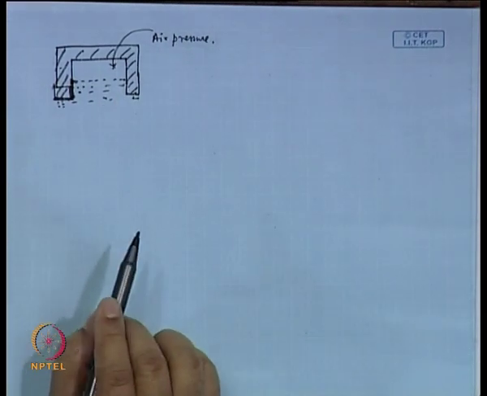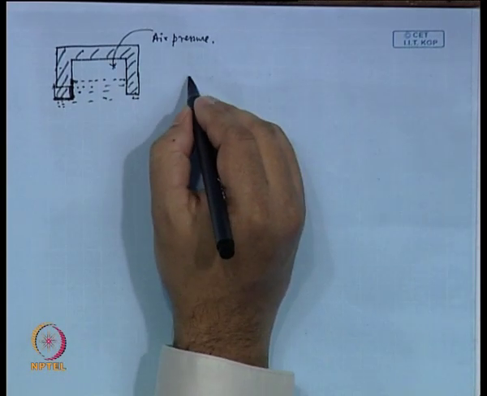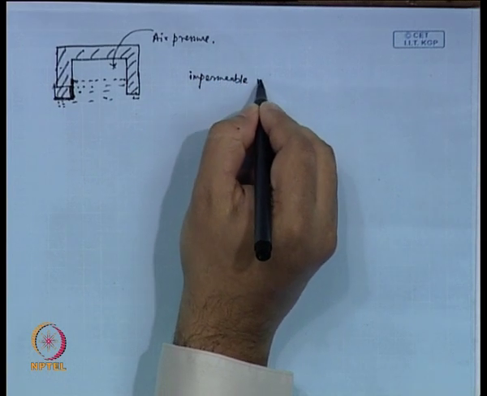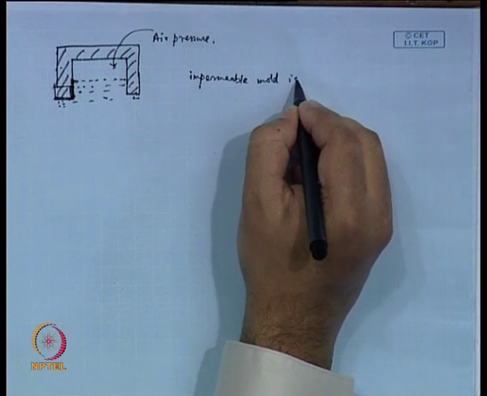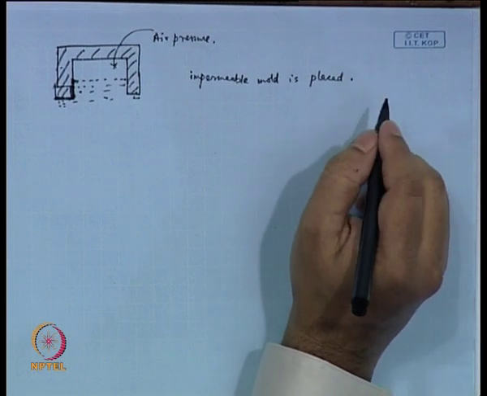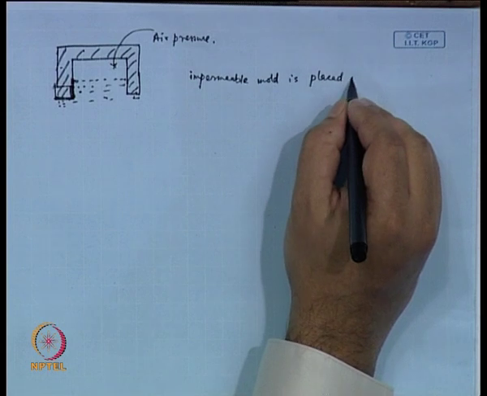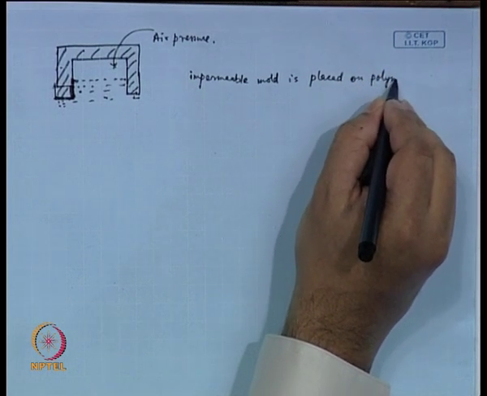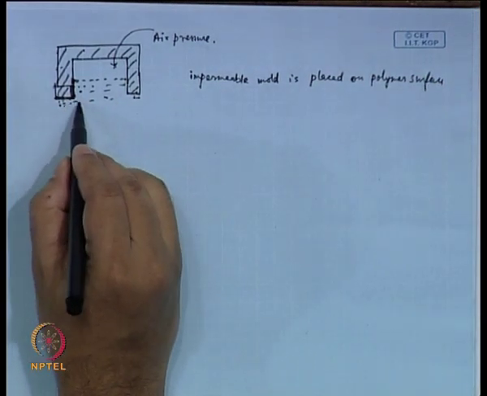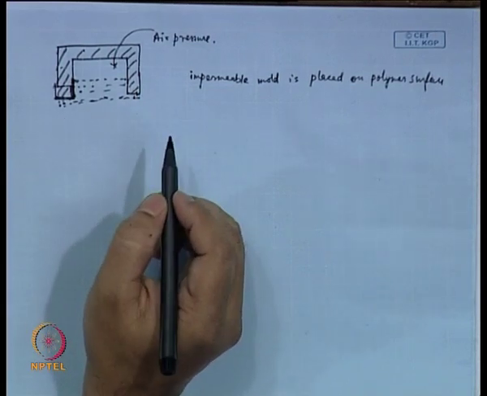So, this is the case when an impermeable mold is placed on a polymer surface. We have to assume that there is polymer, and maybe you have the substrate down there.